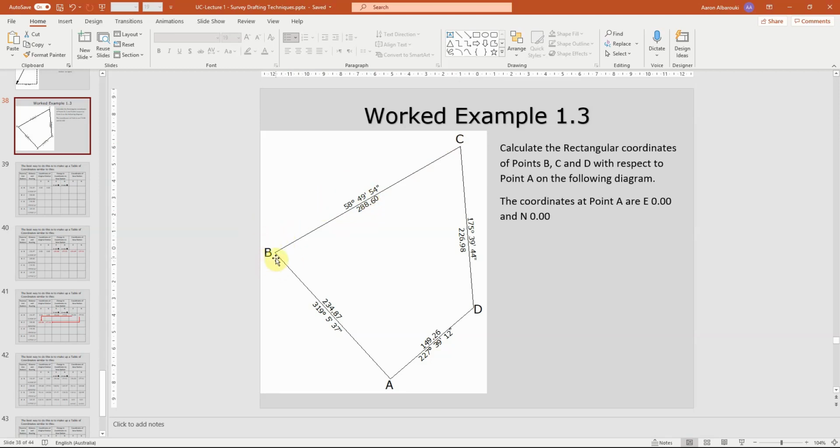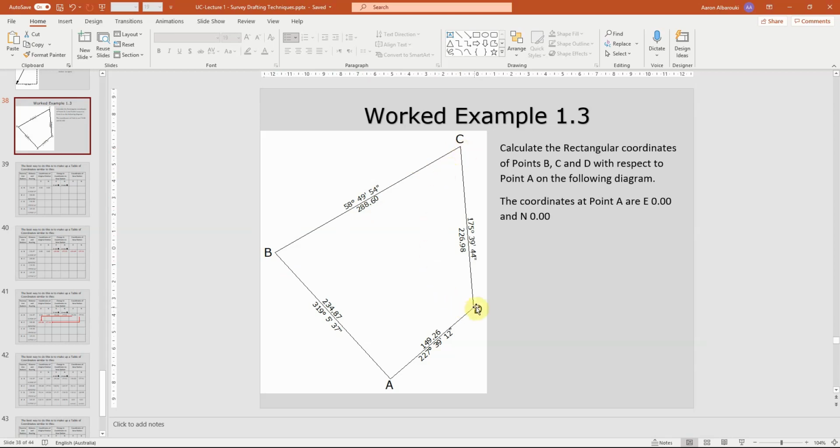So what we do is add that change to the previous coordinates. So if I have 0, I'll do 288.6 times cosine this angle. That will give me the north, plus 0, that will give me the new north of the new point.